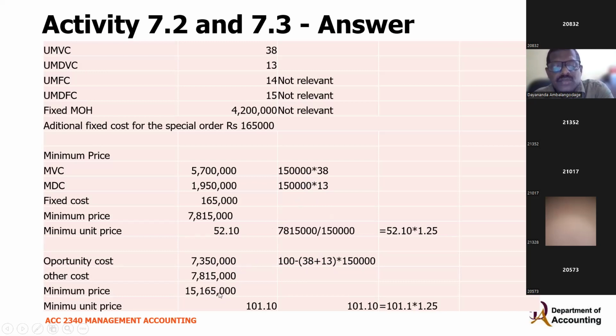So you will end up with this figure, and when there is opportunity cost, your minimum price has to be 101 cents. Minimum price means the relevant cost of the particular order.